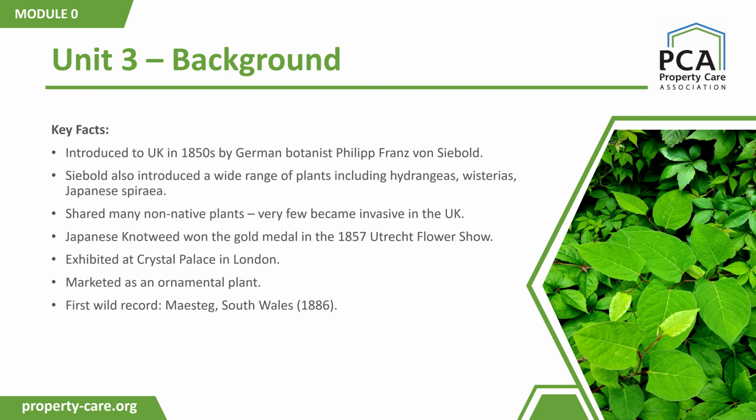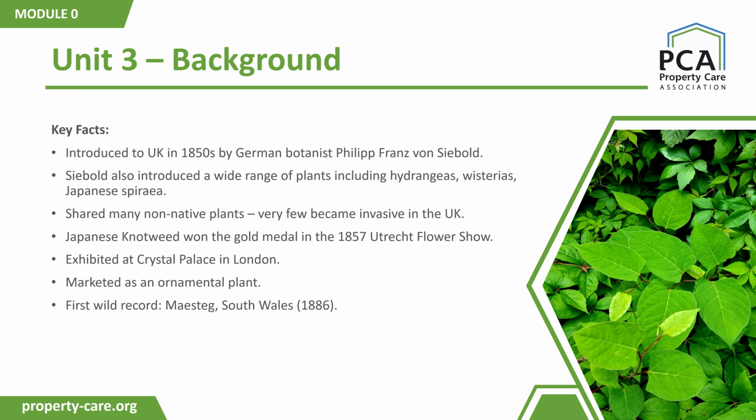It is important to understand that while Siebold shared many non-native plants, very few of them have become invasive in the UK. Japanese knotweed is one of those rare examples, which links back to Unit 1, where we discussed that Plant Atlas 2020 found that over half of the UK's flora is non-native, but only a small proportion have become invasive.